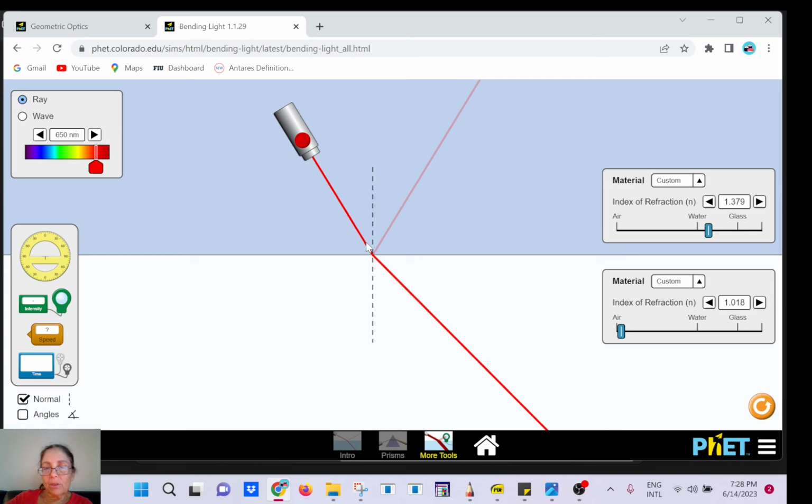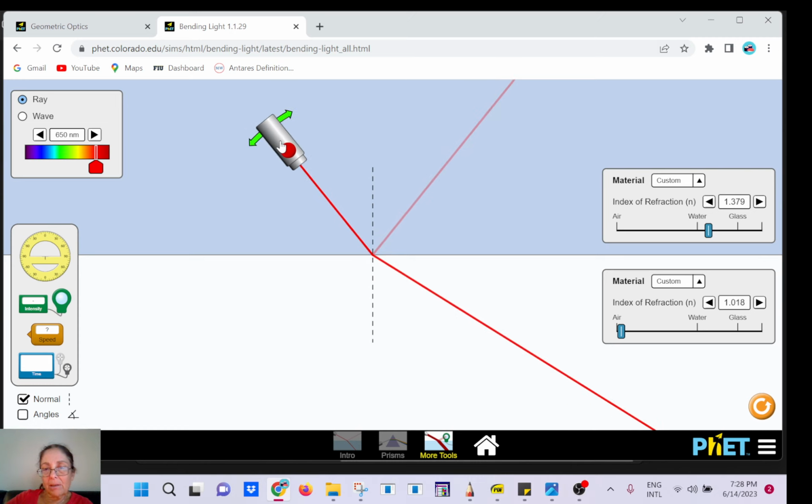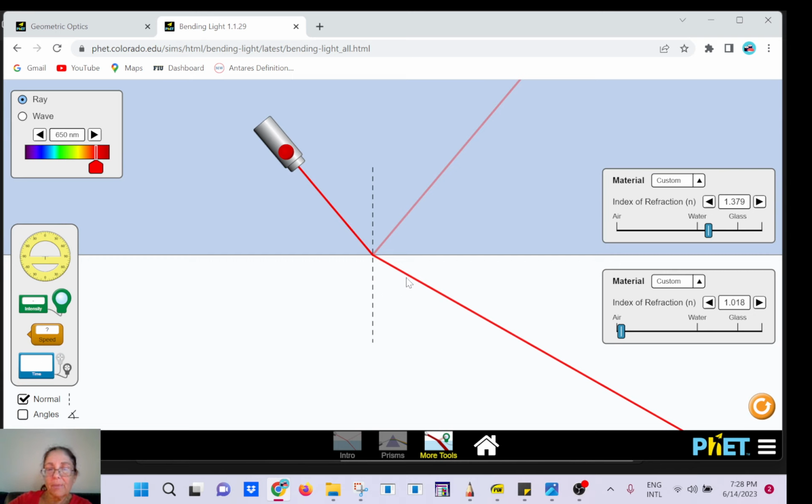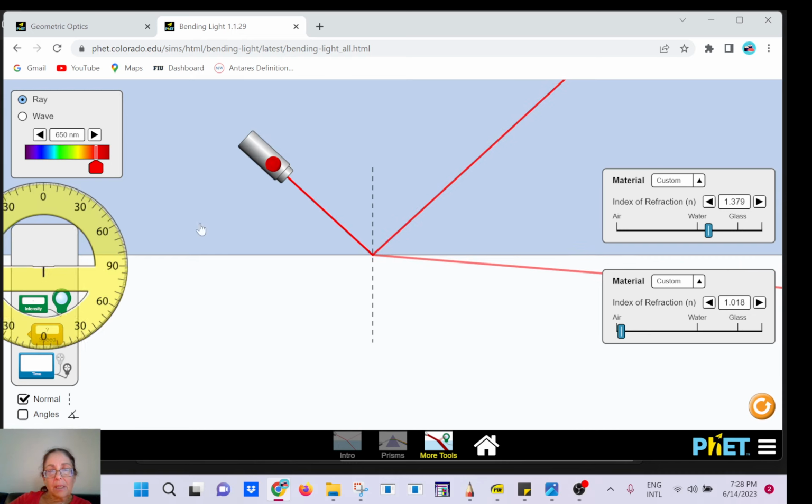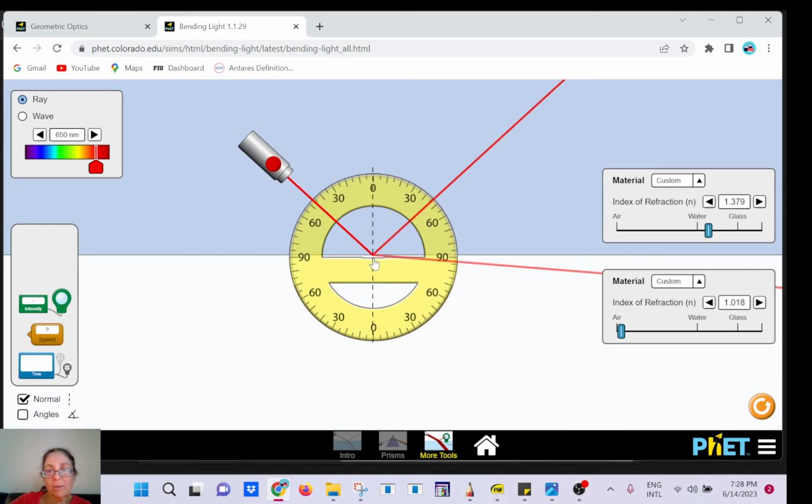So you see here, you do have refraction, and as you increase the angle of incidence, the angle of refraction is going to increase as well, following Snell's law. And then at some point, the angle of refraction is going to be 90 degrees. When you get to 90 degrees, that's going to be the critical angle.